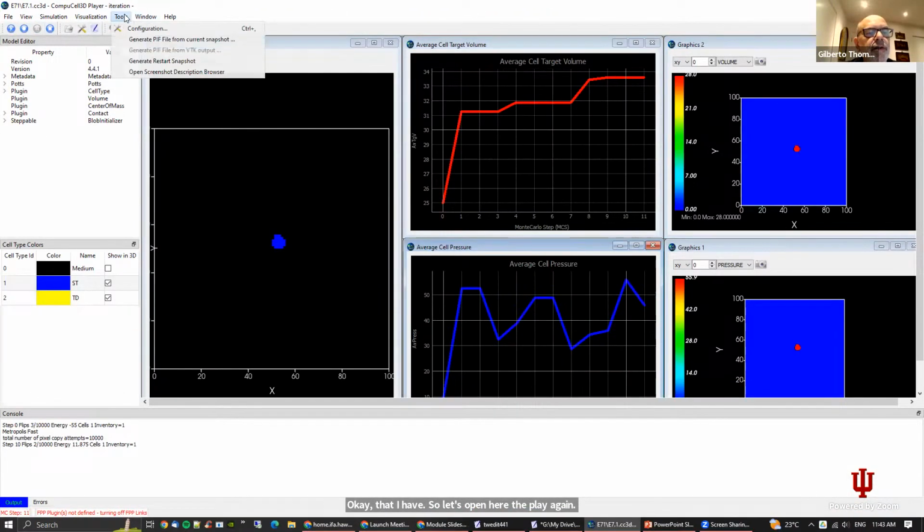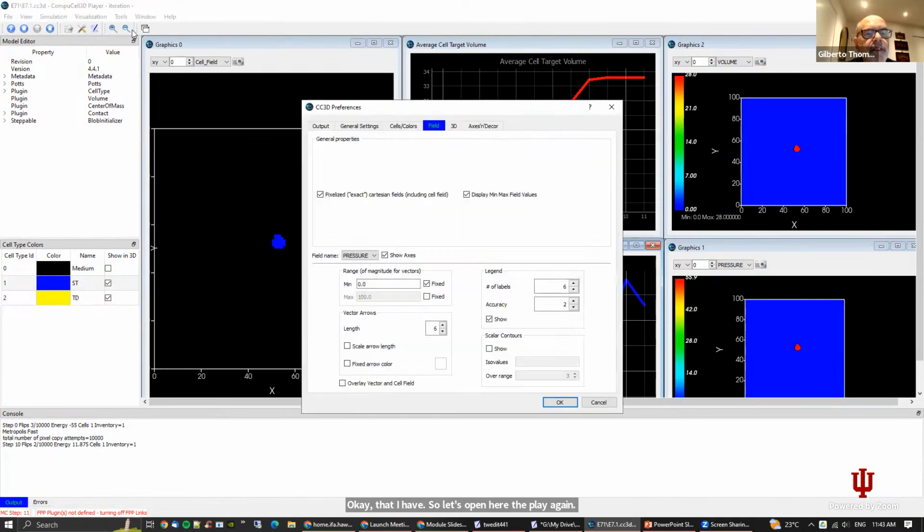Pause here in the tools, configuration, fields. See, we can choose which field you are going to configure here. If you want to show axis, something like that, around the window of the plot. You can choose the size of the scale here, minimum 0, fixed length, if you have, well, no, you don't have vector now.